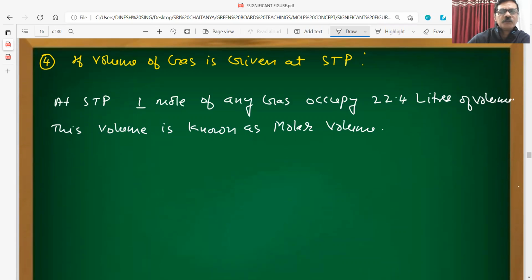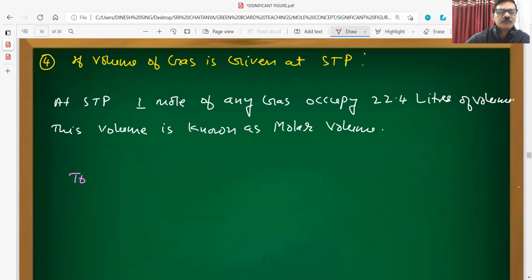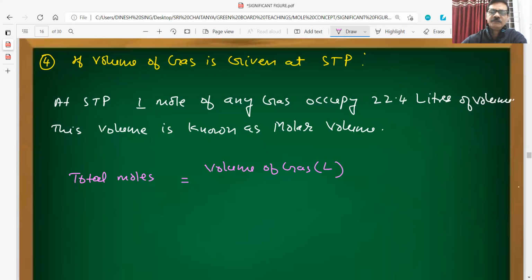The total moles will become equal to the volume of gas in liters at STP, divided by molar volume.